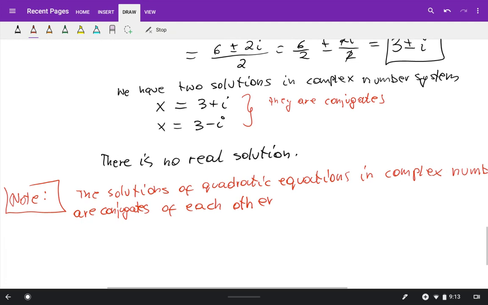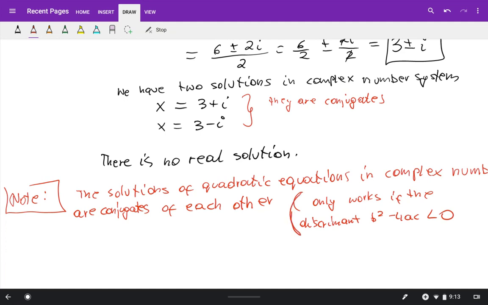Okay, so again, this is only in the complex number system, which means it only works if the discriminant, which is the expression under the square root, b squared minus 4ac, is negative.